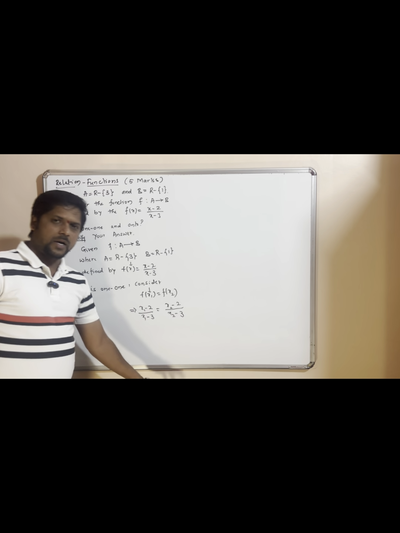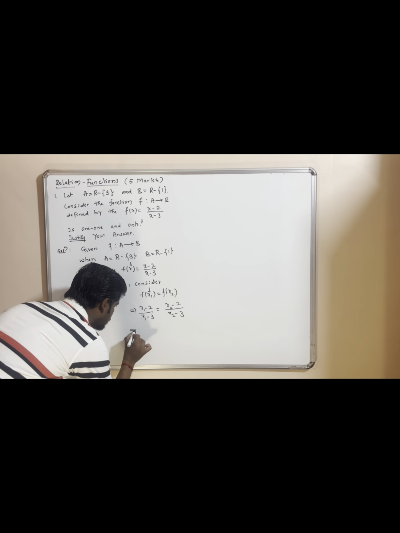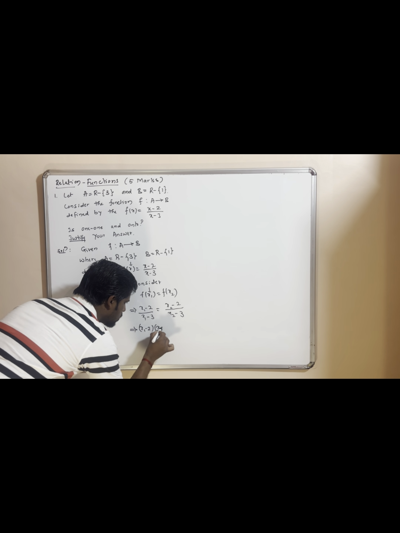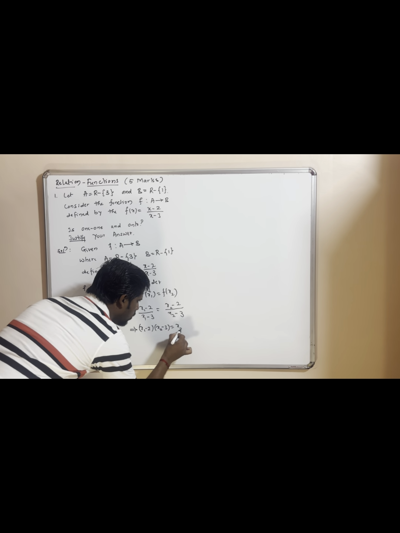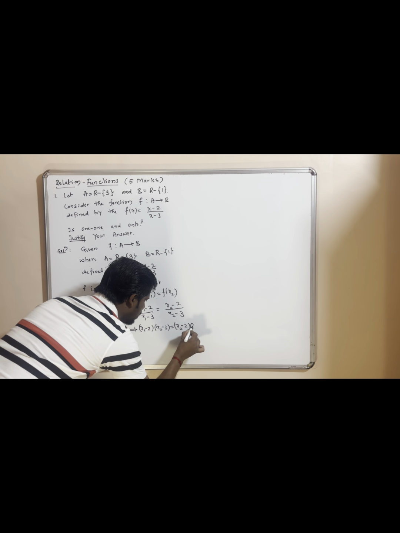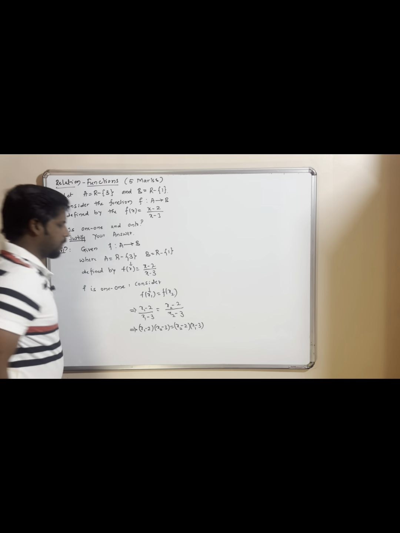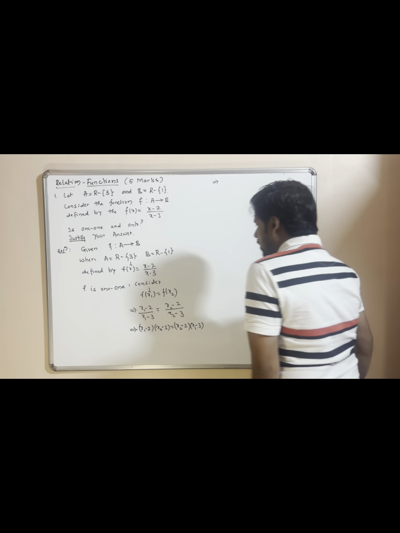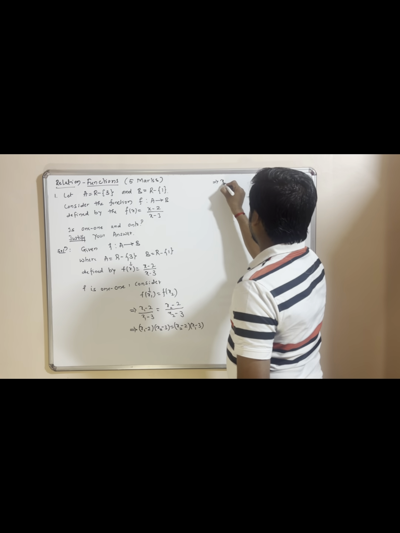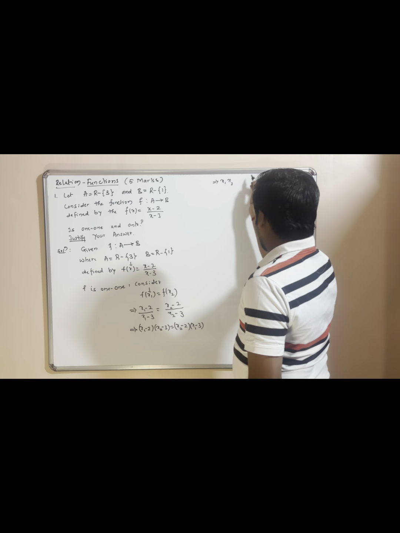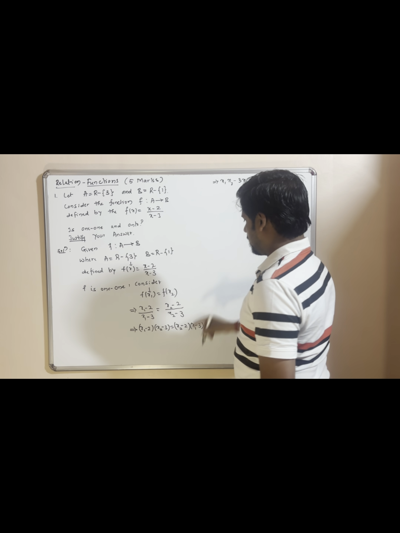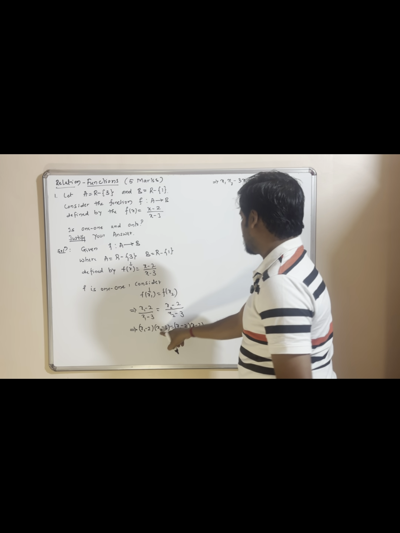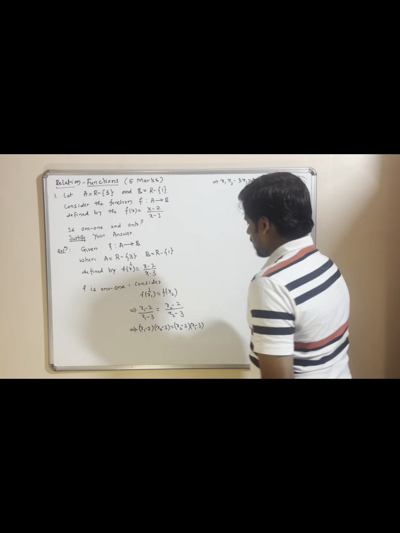Now cross multiply, we get (x1 minus 2) into (x2 minus 3) is equal to (x2 minus 2) into (x1 minus 3). Now remove the brackets. Here we get x1 x2 minus 3x1 minus 2x2 plus 6.